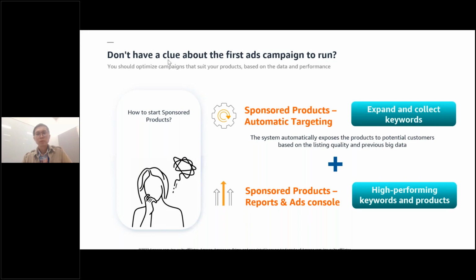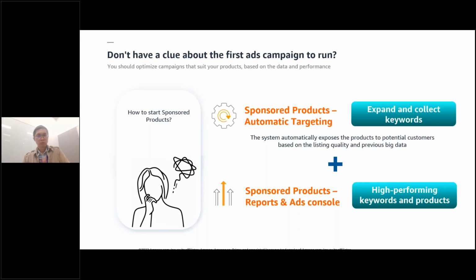The goal here is, number one, you run sponsored products automatic targeting. Your goal is to expand and collect relevant keywords, right? You might be selling, for example, a coffee machine, but is coffee machine the only keyword that you can use? Can you collect more keywords?